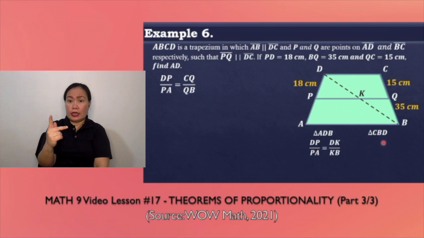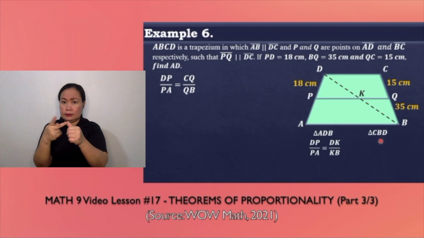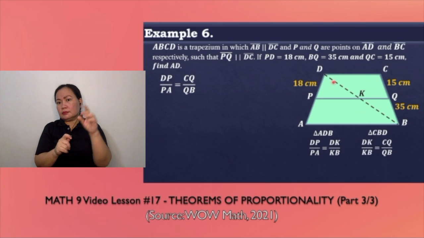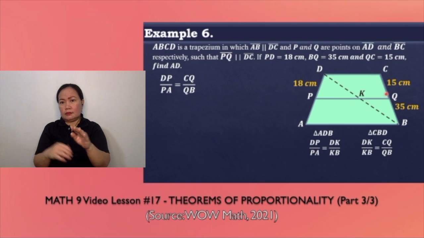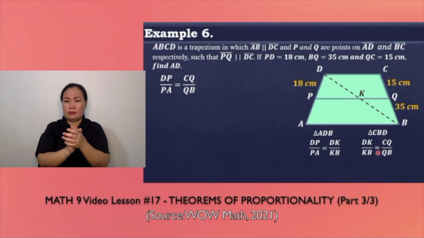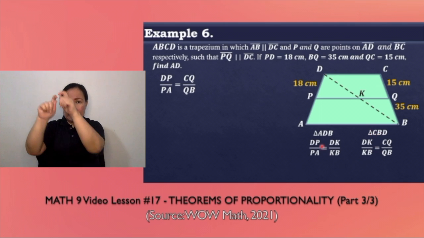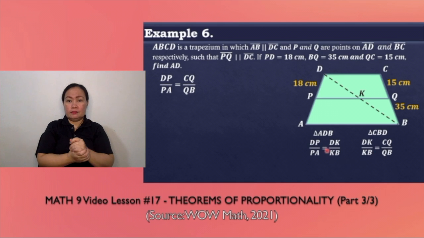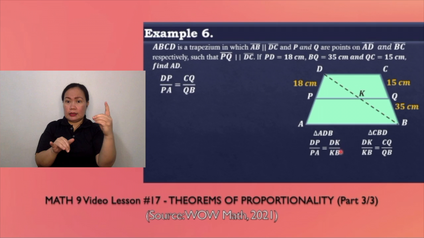In the second triangle, we take another proportion: DK over KB is equal to CQ over QB. This is one of the proportions of triangle CBD. As you can see, I have two proportions of different triangles, and both are equal to DK over KB.